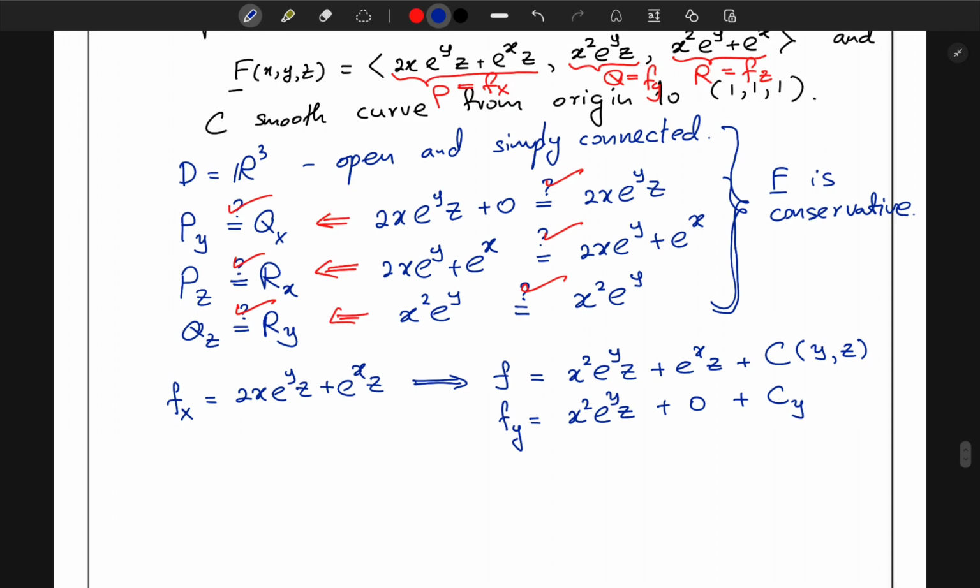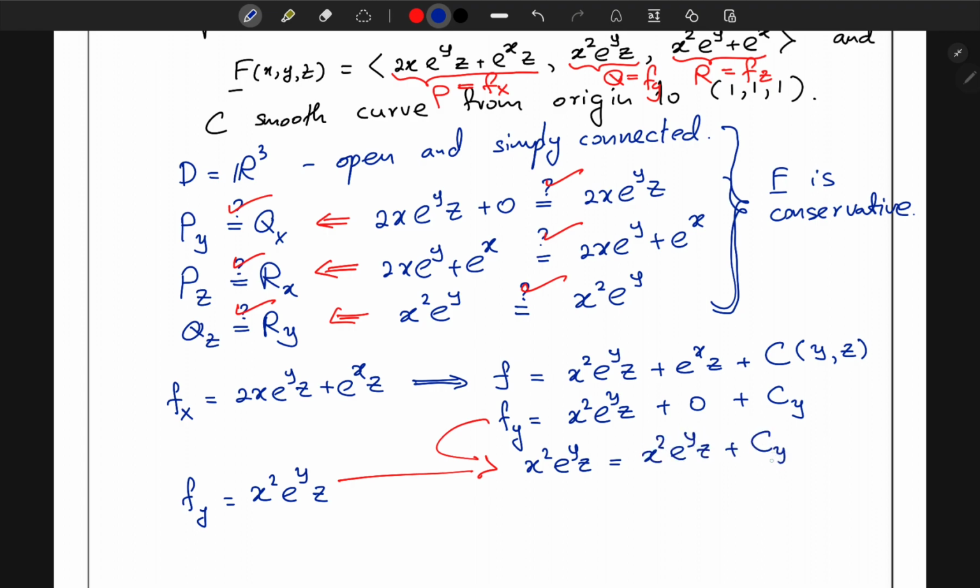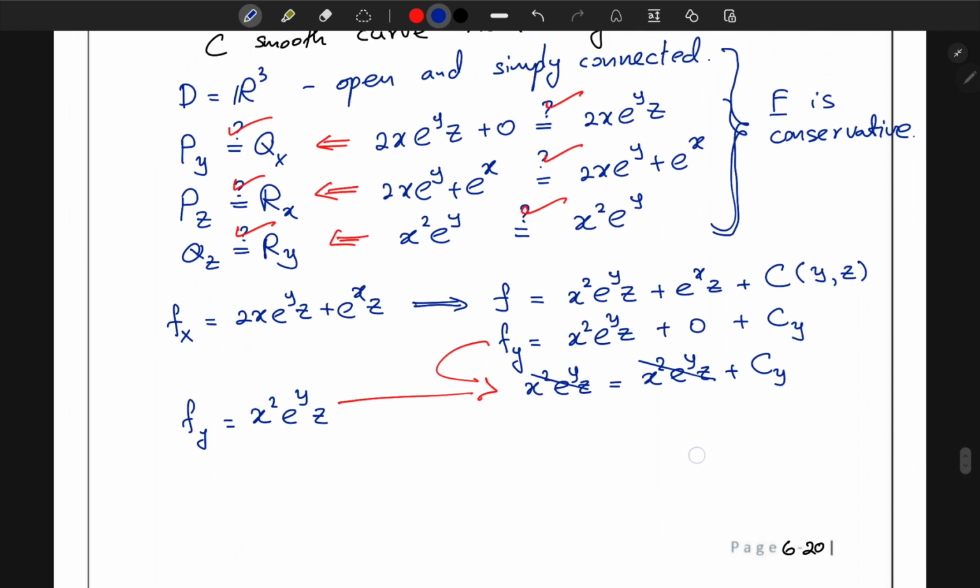Now we know f sub y is the second coordinate, x squared z. Now combining these two, we get x squared z is equal to x squared z plus c sub y. So we get c sub y equals 0.